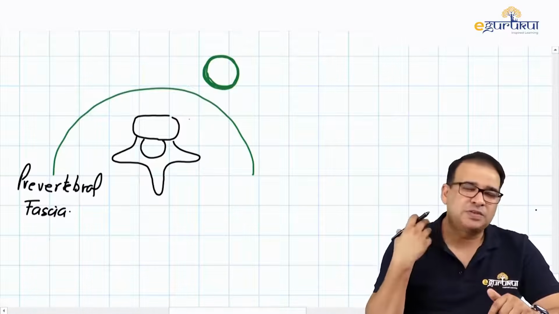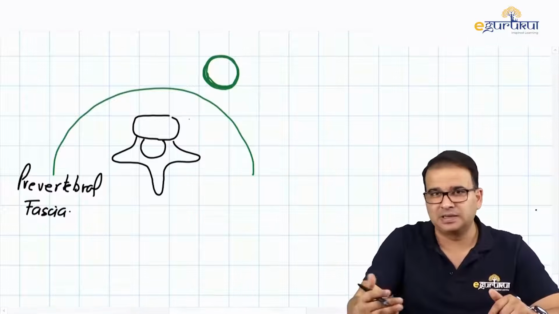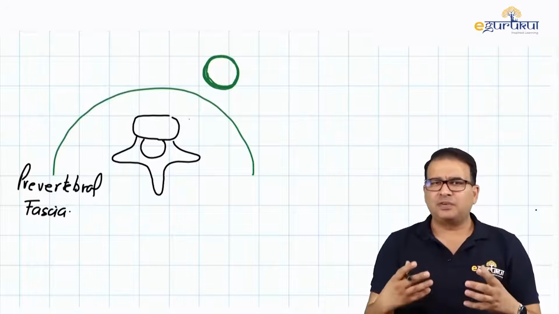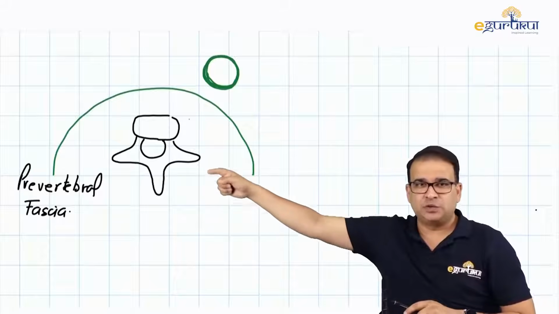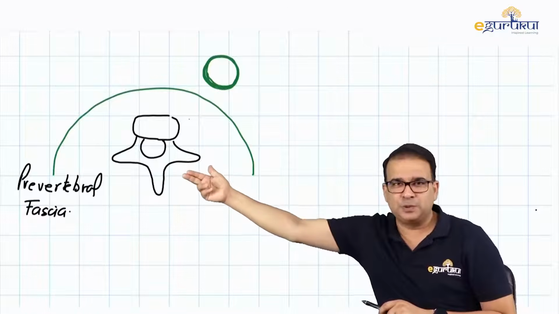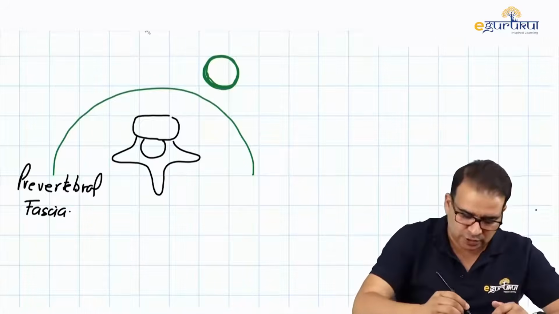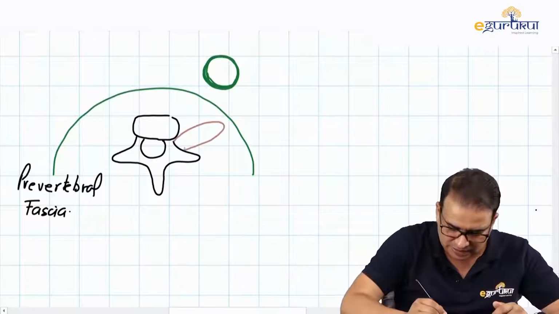The transverse processes of the cervical vertebrae are known for the attachment of the scalene muscles: scalenus anterior, scalenus medius, and scalenus posterior. And again, it's not difficult to identify these muscles because they all have a relation to the transverse process. If you see a muscle anterior to the transverse process, it is scalenus anterior, behind it is scalenus posterior, and the one that goes to the tip and outside is scalenus medius. So the three scalene muscles you will see here are the scalenus anterior, let's say in this manner.